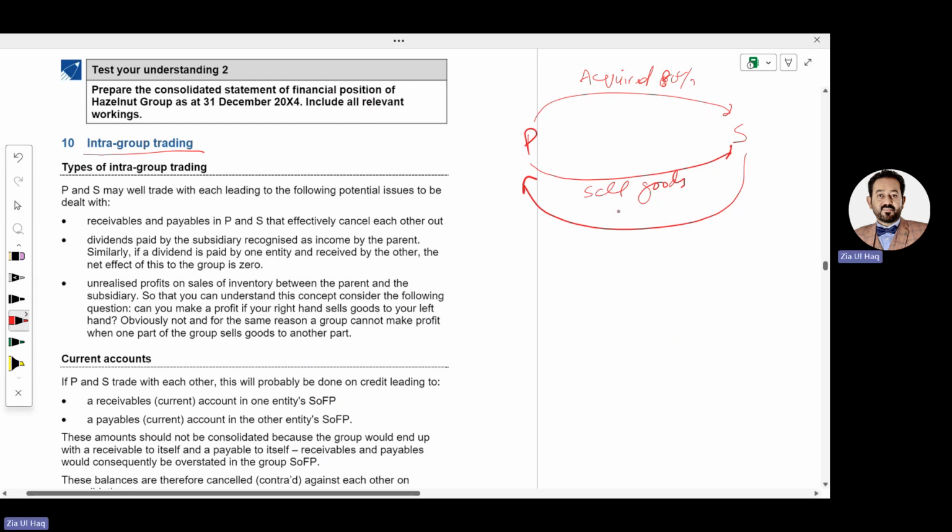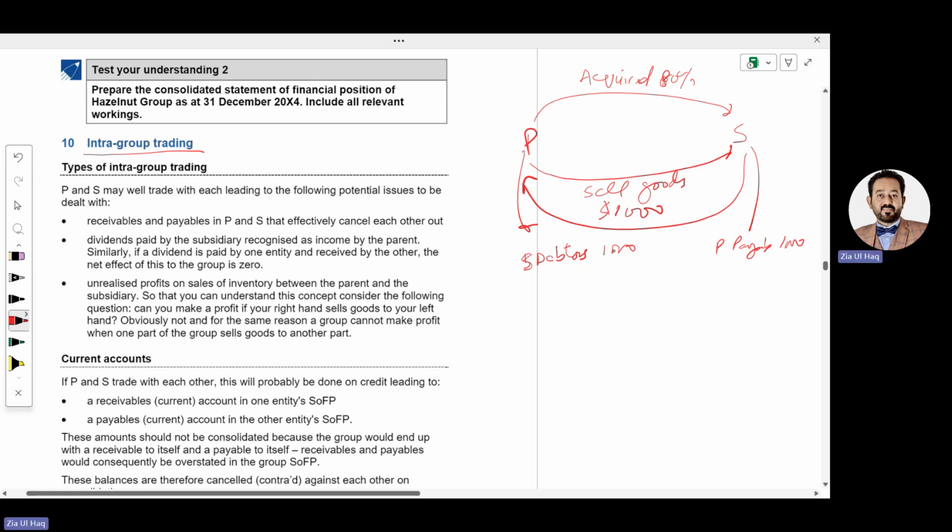Suppose the parent company sold 1000 of goods, and those transactions are normally on credit. This means there will be a debtor of 1000 in the parent company's books, and in the subsidiary's books there will be a payable to the parent of 1000.